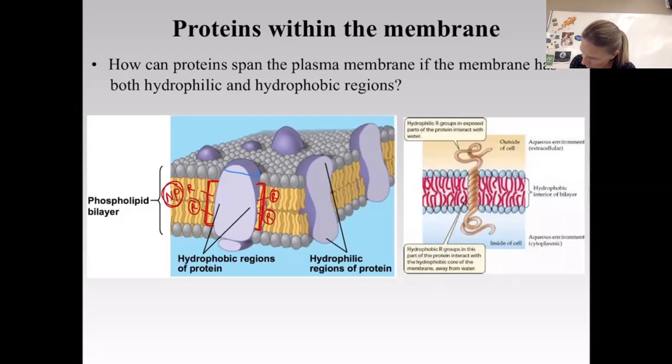However, any region here and here, any region touching the polar heads are going to have polar R groups, right? So those are all going to be polar, right? So again, the hydrophilic R groups are going to be exposed to the watery or aqueous environment, whereas the hydrophobic R groups in this protein are going to be interacting with that hydrophobic tail or the core of the phospholipid bilayer.